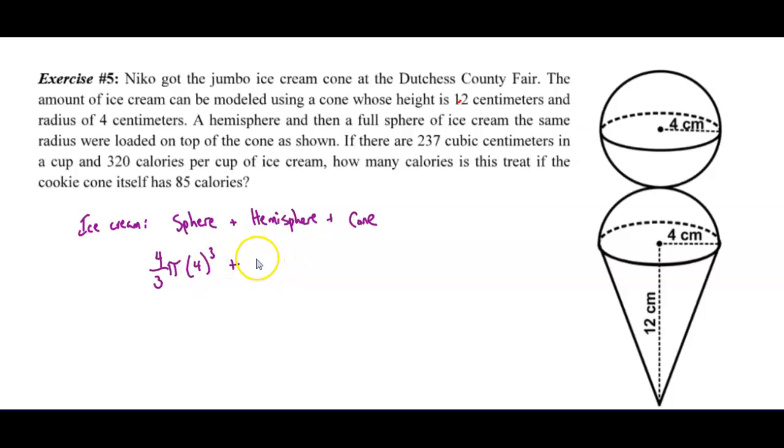For the hemisphere, it's going to be half of that, so 2/3 pi r cubed. So again, 4 cubed. And the cone is 1/3 of what would be a cylinder, so 1/3 pi r squared times the height of the cone.